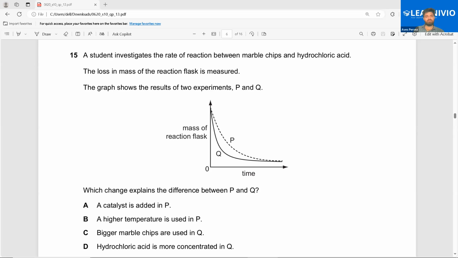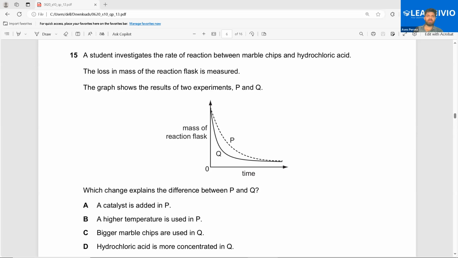Yes, hydrochloric acid is more concentrated than in P, so it is a slower reaction. B is reacting slowly. The change explained between P and Q: a catalyst is added in P. If you increase the time, so the concentration... Okay, hydrochloric acid is more concentrated than in Q. A student investigated the rate of reaction between marble chips and hydrochloric acid.